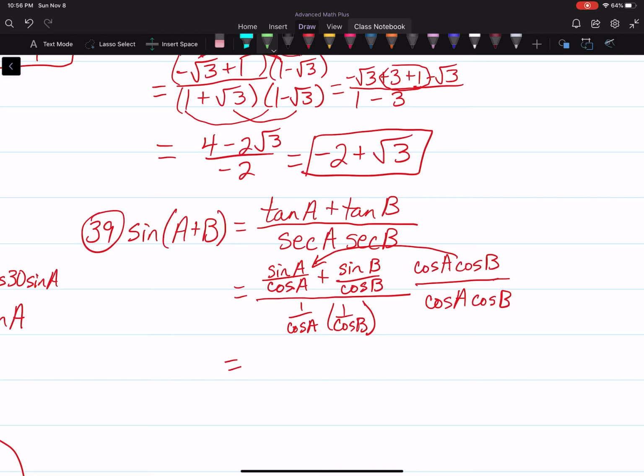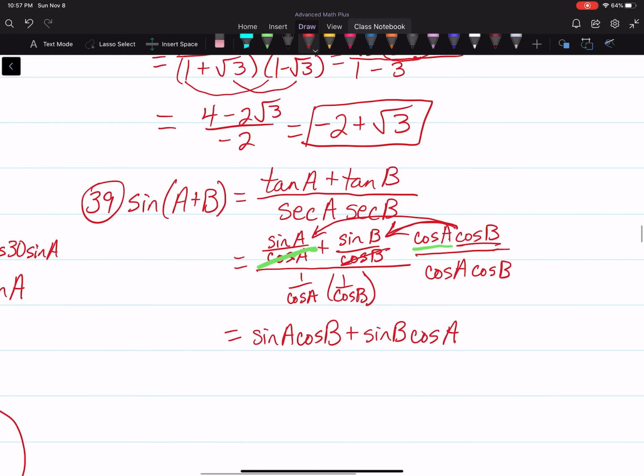This one right here goes away, but I'm not going to cancel it because we need it when we multiply times the second one. So cosine A goes away on the first one, so you're left with sine A cosine B plus, and then when you multiply by this one, the cosine B goes away, and you're left with sine B times cosine A.